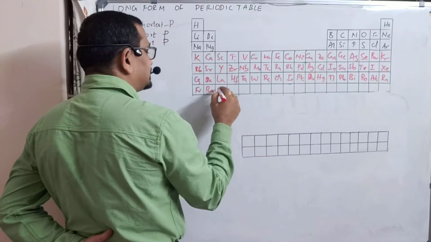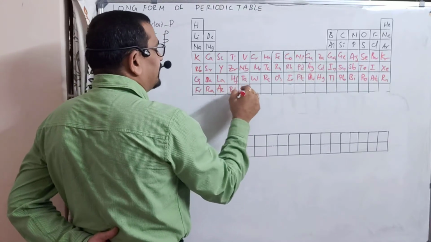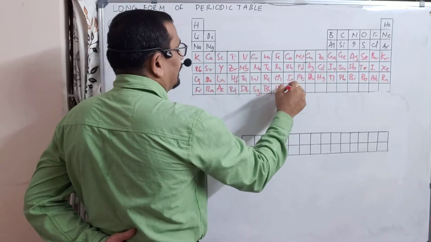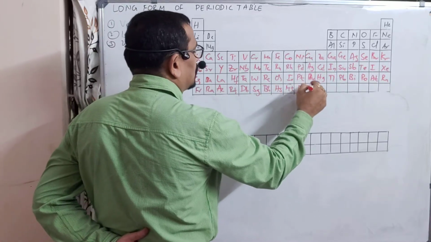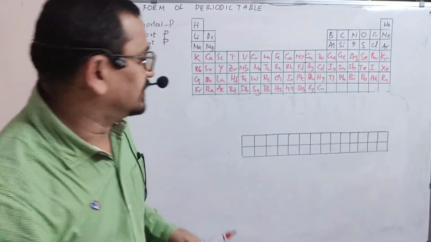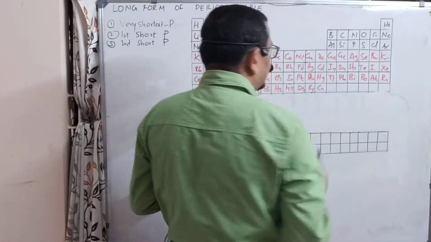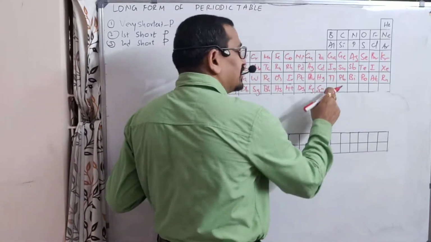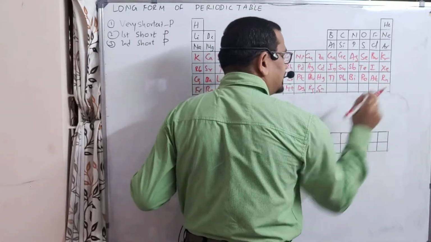The next series elements are actinium, rutherfordium, dubnium, seaborgium, bohrium, hassium, meitnerium, darmstadtium, roentgenium and copernicium, which was earlier called eka-mercury. This is the 112th element. The next 6 elements are 113 to 118.